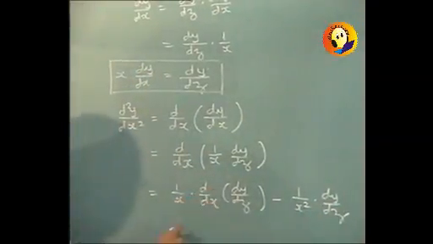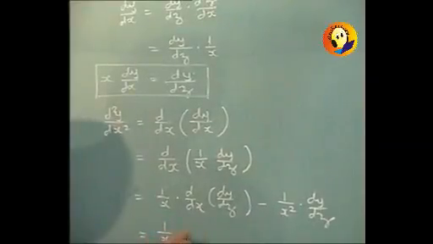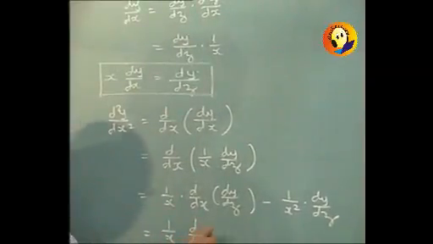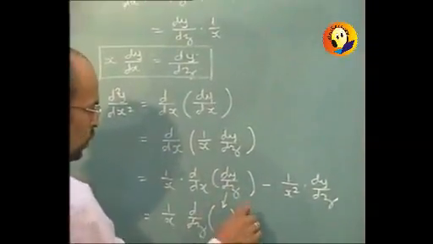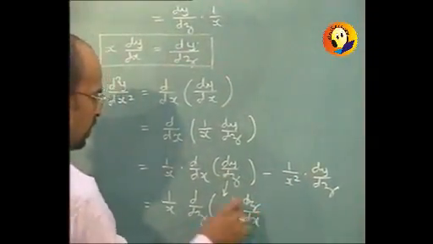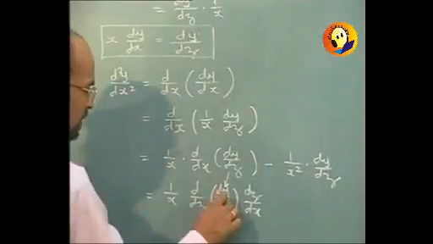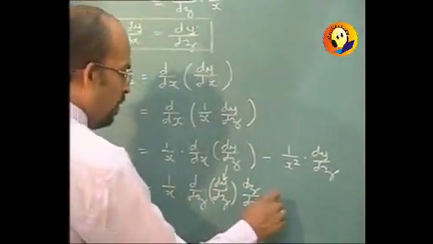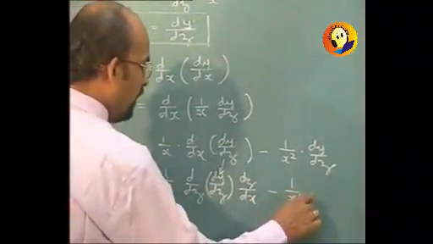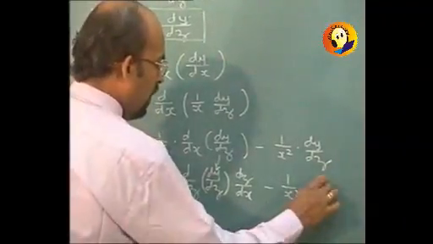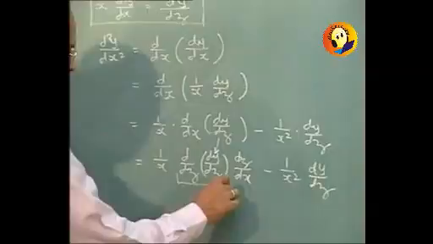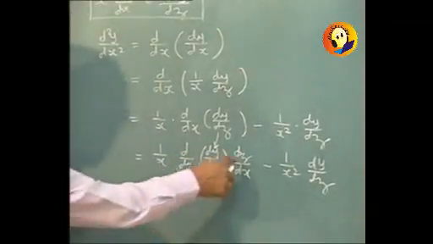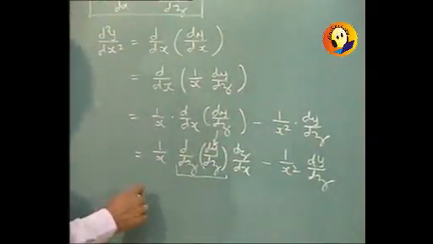Now this d by dx can again be substituted by using the chain rule as d by dz of this entity, dy by dz, into dz by dx, minus 1 upon x square dy by dz. Now this particular term is nothing but d2y by dz square, and dz by dx we know is 1 upon x.